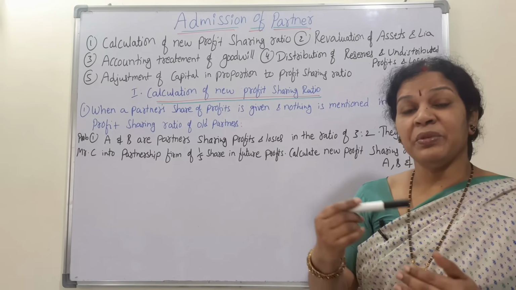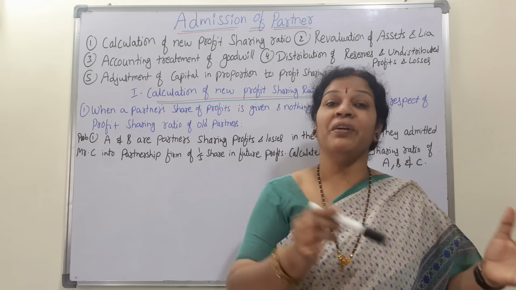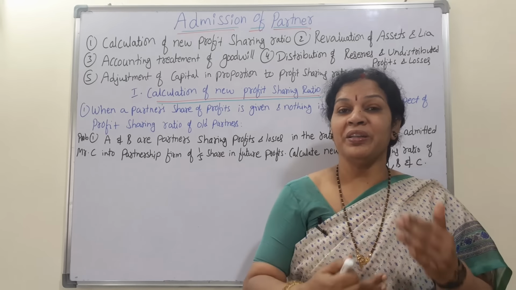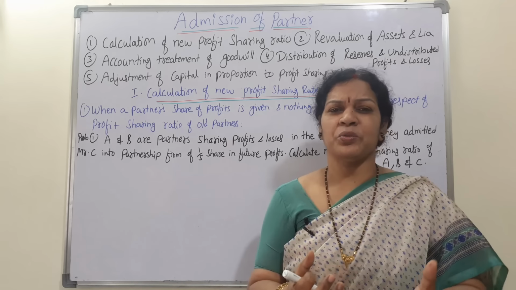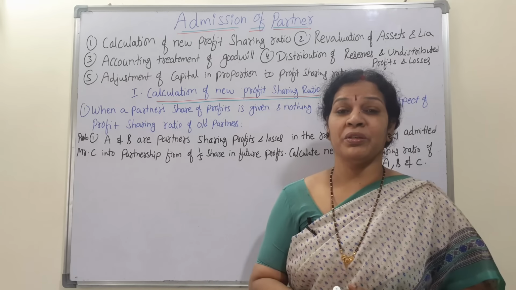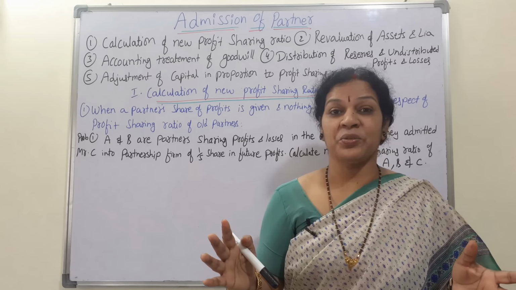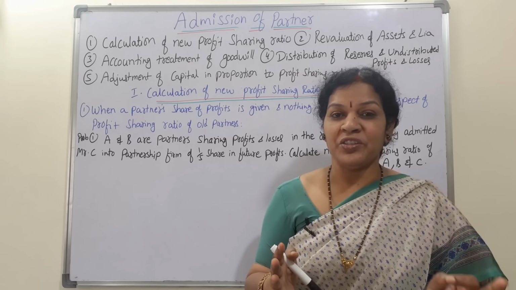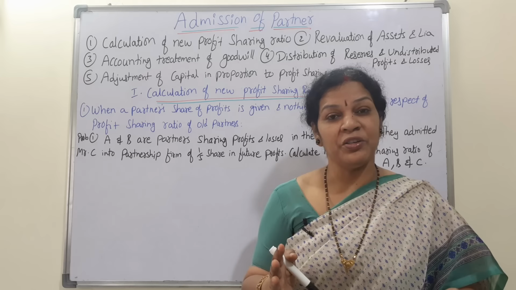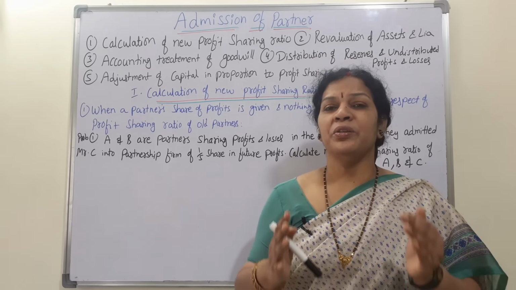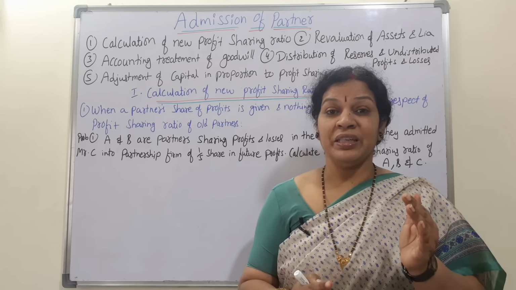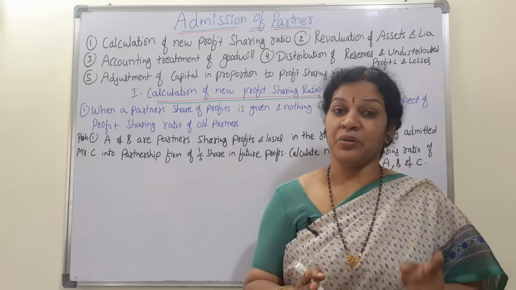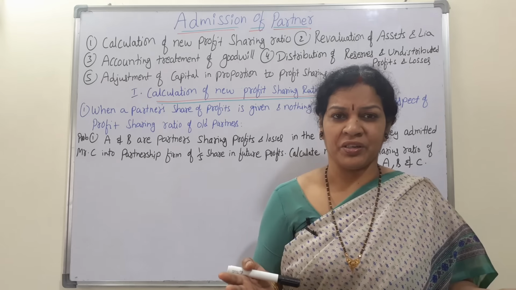We have to revalue the assets and liabilities. Why? When a new partner is entering, the old asset value was so much, and the present value is so much, and changes will occur accordingly. So that is why we need to prepare the revaluation account. The revaluation account is going to tell you the increase or decrease of assets. So that is the revaluation account when admitting a partner, otherwise not required.